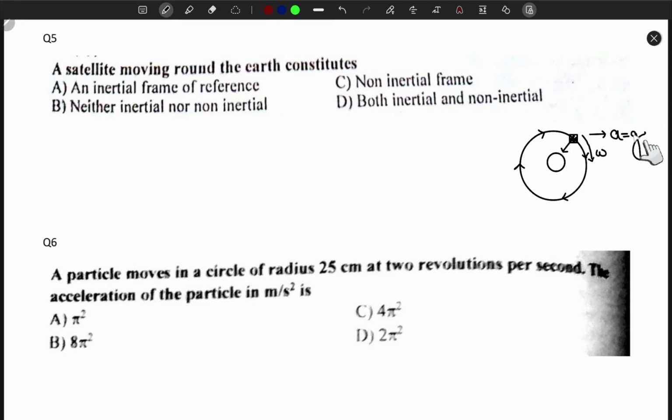And hence, the satellite which is moving around the Earth constitutes an inertial frame of reference, right? Because remember that even in this case, there is no net force that is acting on this satellite. That's what is keeping it in orbit, right?